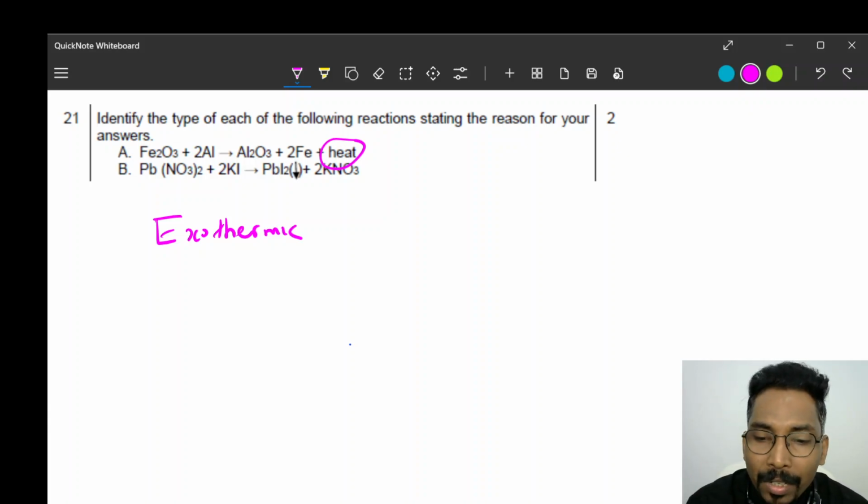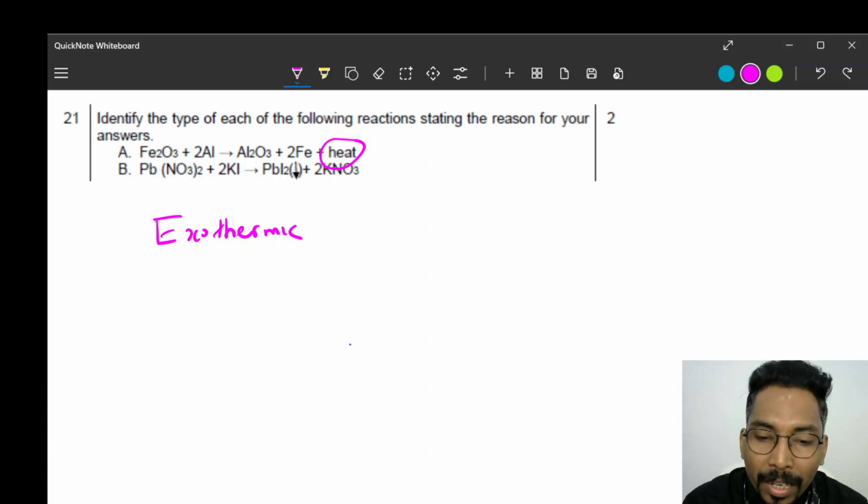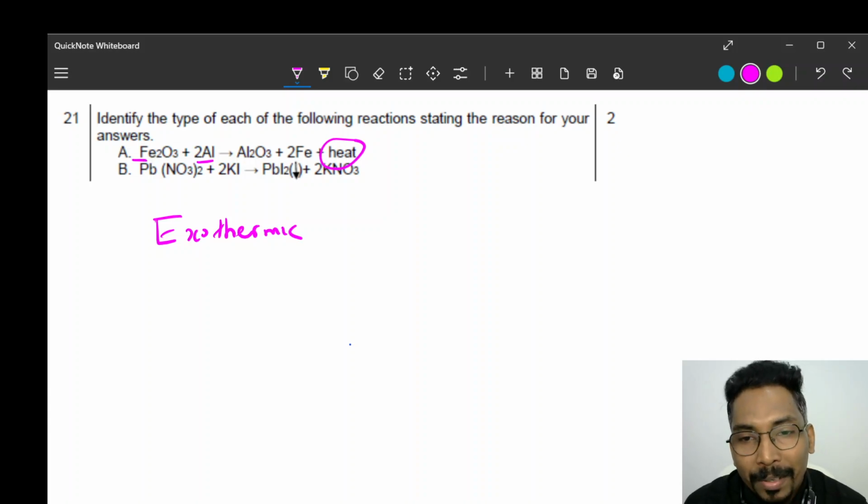And apart from that, you can see Fe2O3 plus 2Al gives Al2O3 plus 2Fe. Actually, here two metals are involved in this reaction. One is iron and one is aluminium. In this reaction you can see Fe2O3 becomes Al2O3. What's happening here? Aluminium displaces iron from iron oxide.